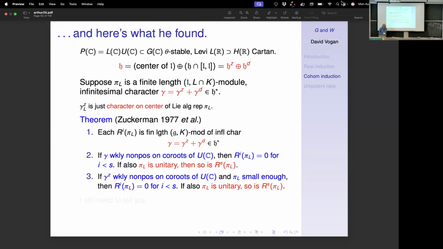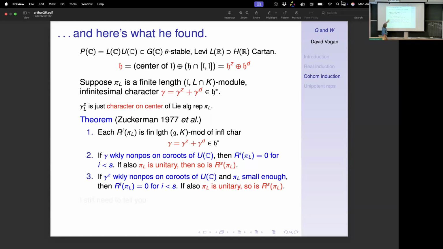So now I want to assume not that this whole gamma is non-positive, but just the central part. If that central part is non-positive and pi_L is small enough, then you still get the vanishing theorem and you still get preservation of unitarity.